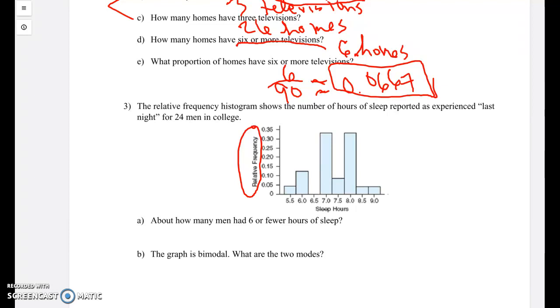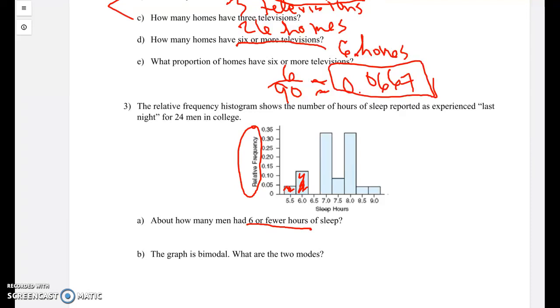So this asks about how many men had 6 or fewer hours of sleep. So we want 6 or fewer. Here's 6, and here is fewer. First, let's see what percentage of men have 6 or fewer hours of sleep, because this is basically percent.